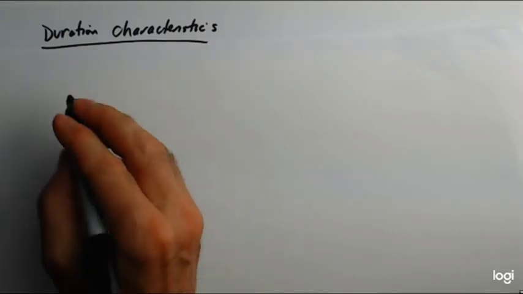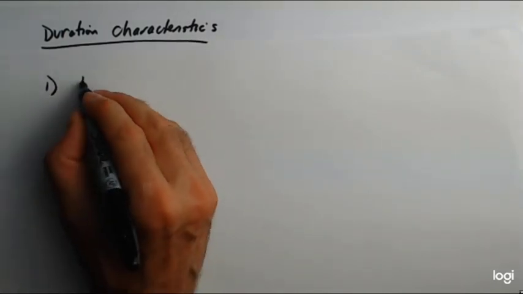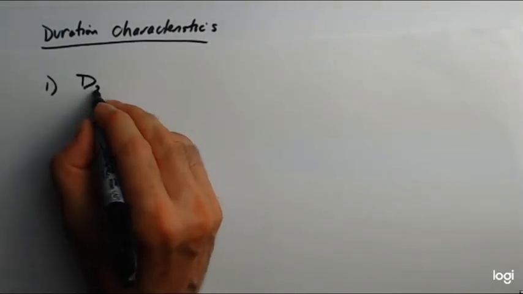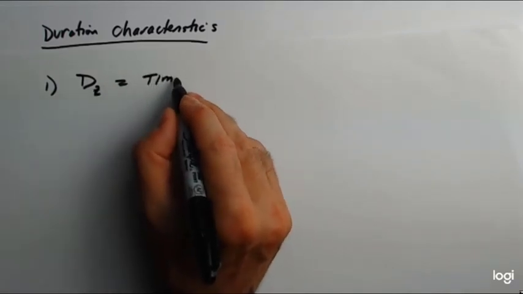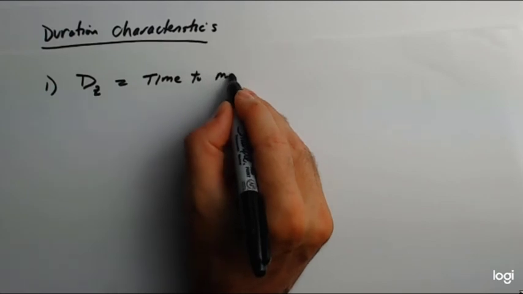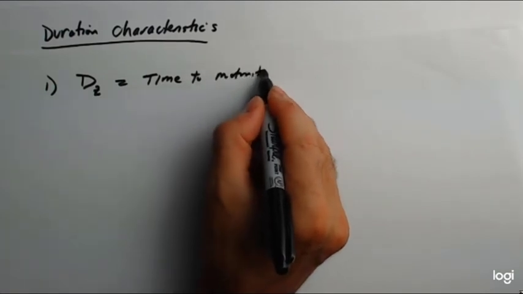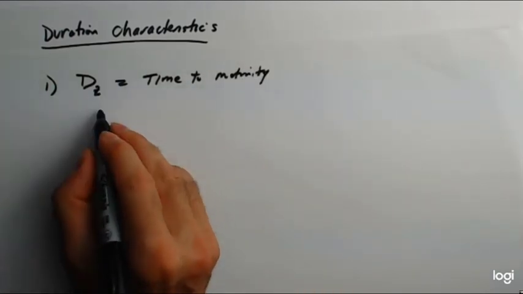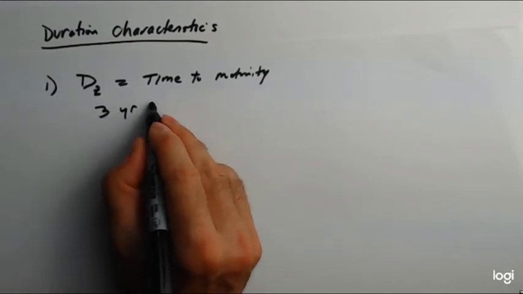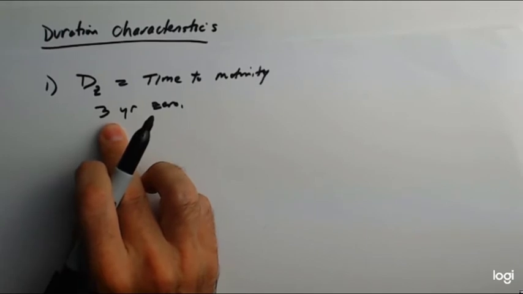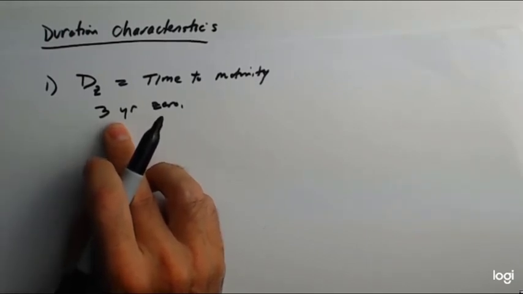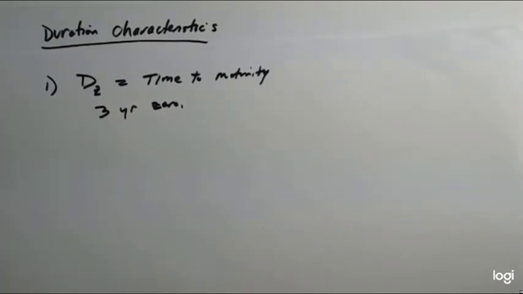The first characteristic is that the duration of a zero, I'll abbreviate D with a little z here, equals the bond's time to maturity. Okay, so if you have a 3-year zero, that zero's duration is 3 years. And you can see that quite easily here.